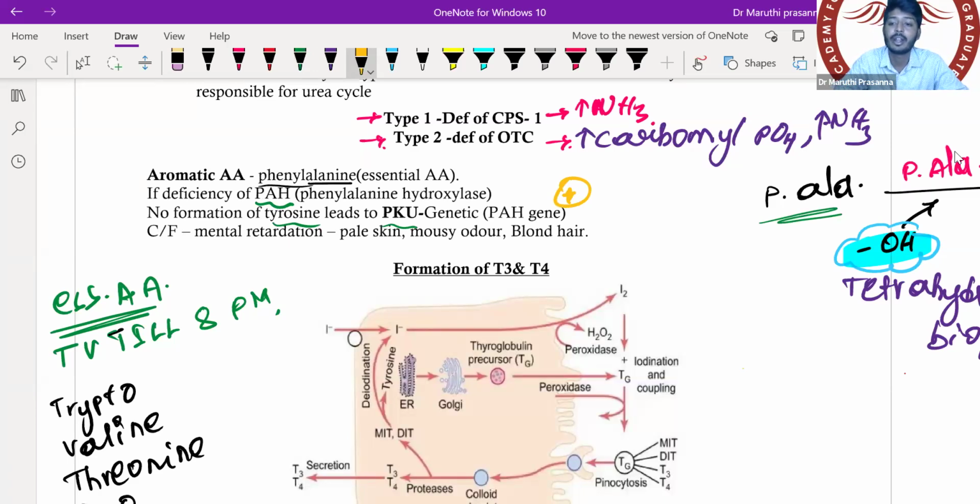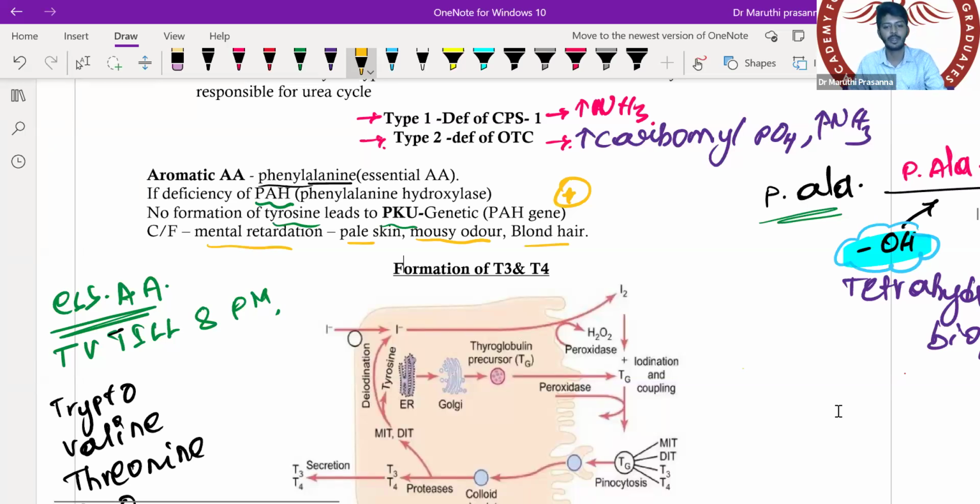Okay, so what are the clinical features? Pale skin, blonde hair, very beautiful, but don't fall for that. Mental retardation will be there, and also mousy odor is possible. Why mental retardation? For the brain development, we require T3 and T4. If T3 and T4 are not there, brain development will not take place.